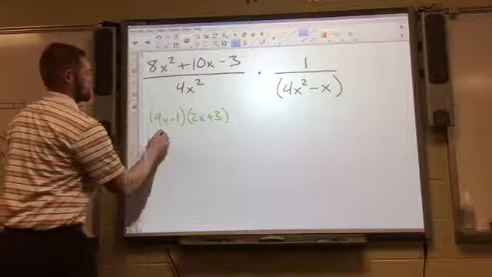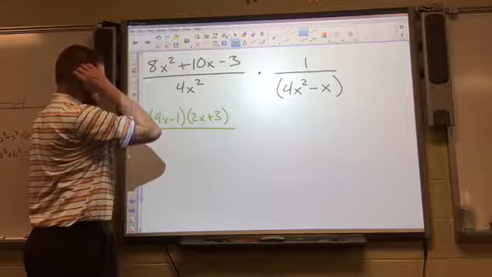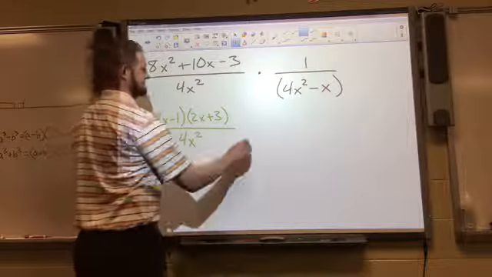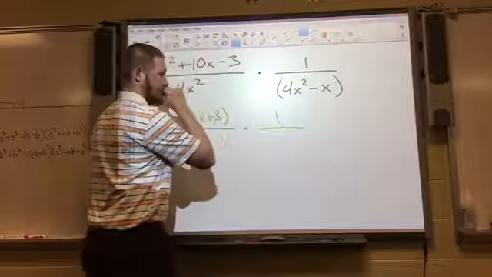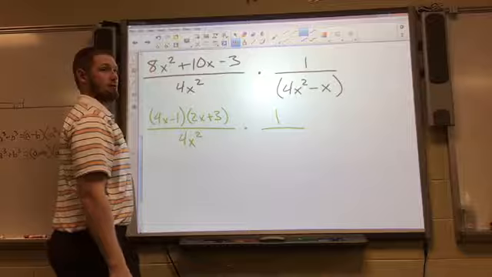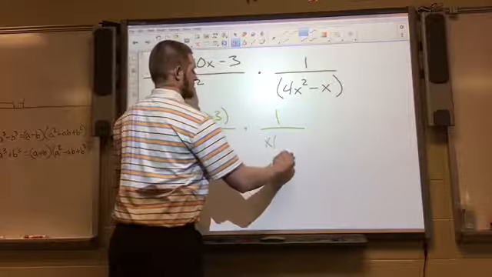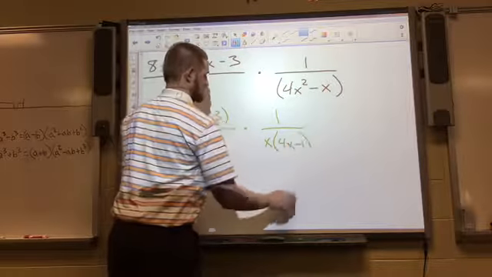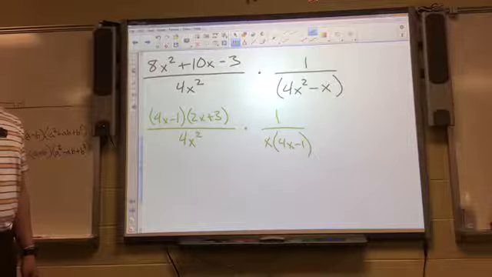On the bottom, can I factor that? Nope, no tricks here. On the top, obviously cannot factor. On the bottom, can I factor that? Take an x out, and I get, hey, does anything cancel?